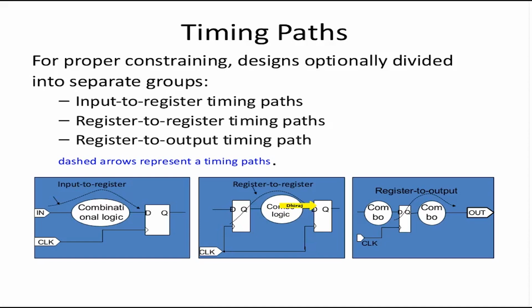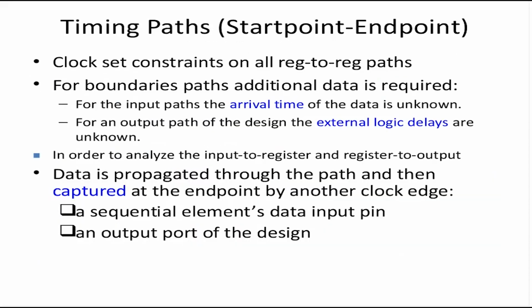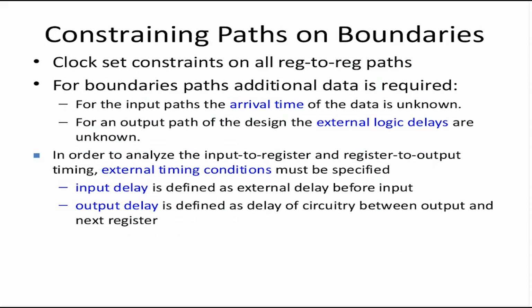The difference between two consecutive clock edges represents the time period of the clock, the inverse of which is the frequency. So just by defining the frequency of CLK, we constrained all register to register paths. So the clock will set constraints on all register to register paths.